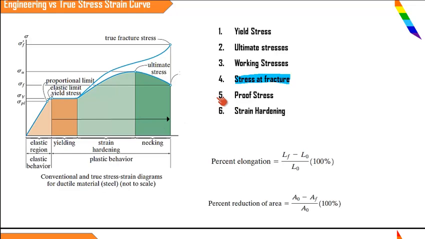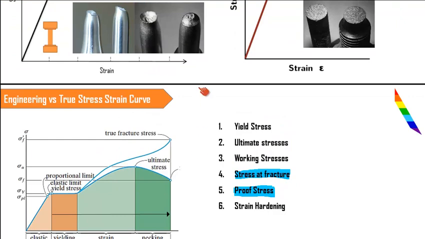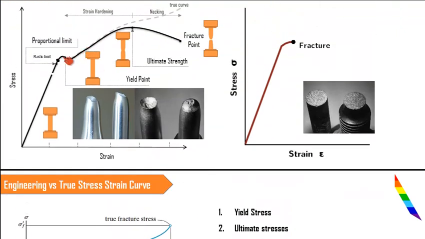Another important stress that we have to note down is the proof stress. It is very difficult to distinguish the yield point, because this is a conventional or ideal type of stress strain curve. In a real stress strain curve, you may not be able to see this dip or anything like that.